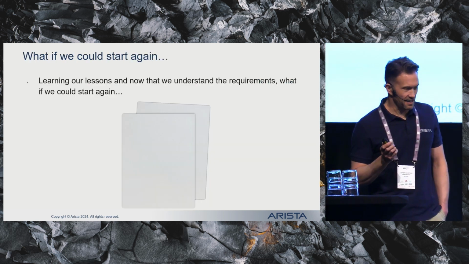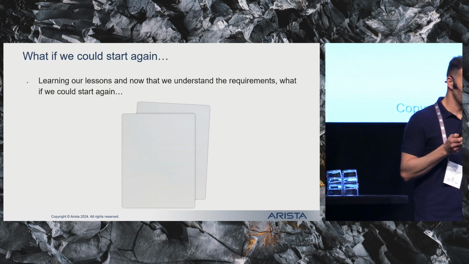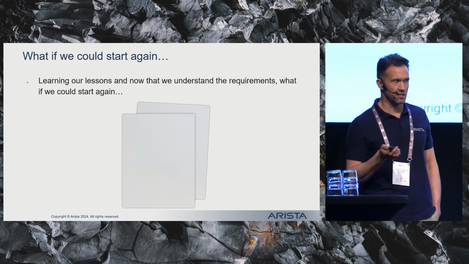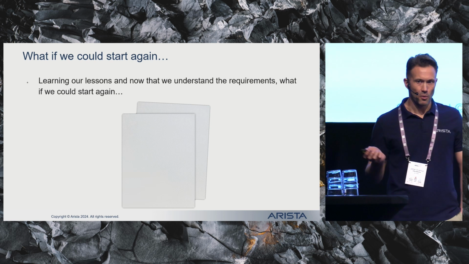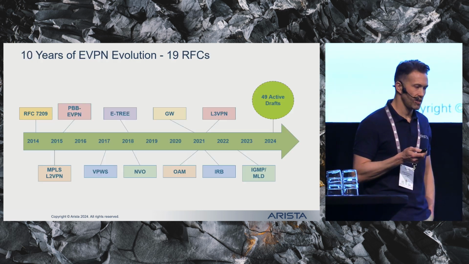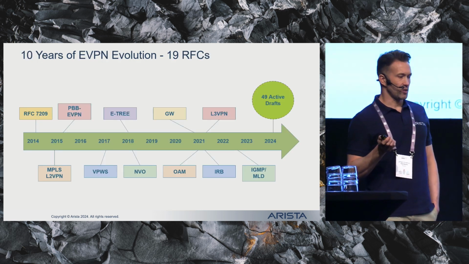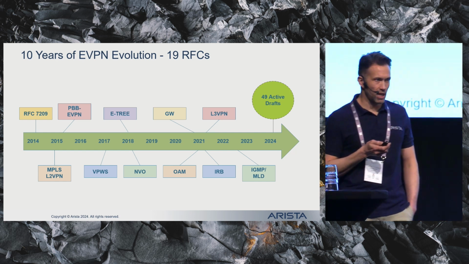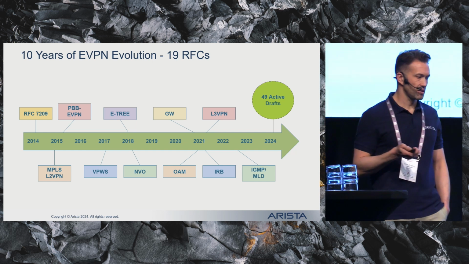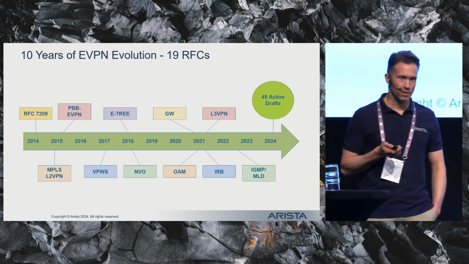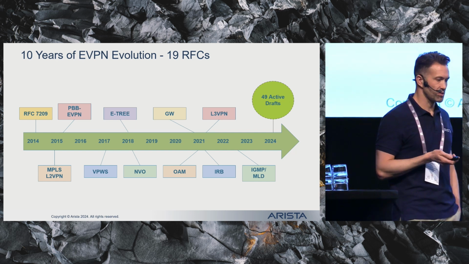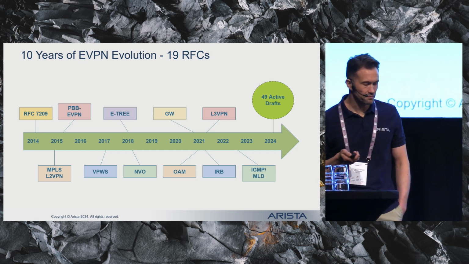So, in the beginning of last decade, people started thinking about doing something about this. Knowing the challenges and understanding the requirements, what if we could start again? And the result of that effort was EVPN, or Ethernet VPN. In 2012, work started on the first draft that later became RFC 7209, an informational RFC specifying the requirements of EVPN.